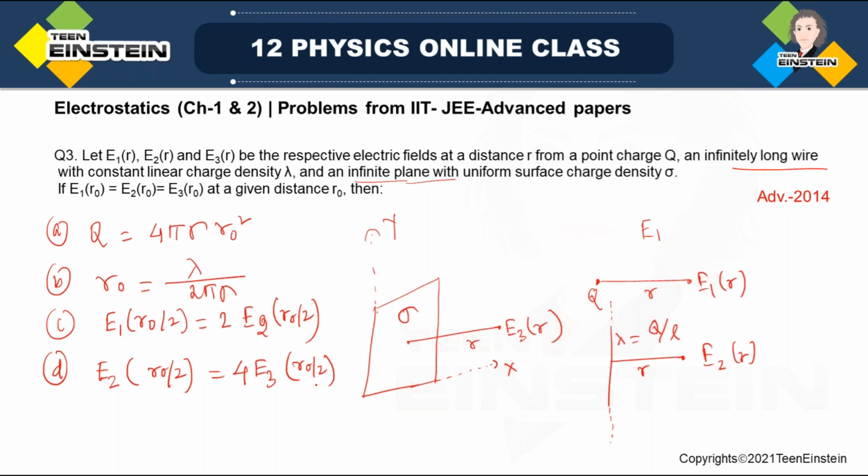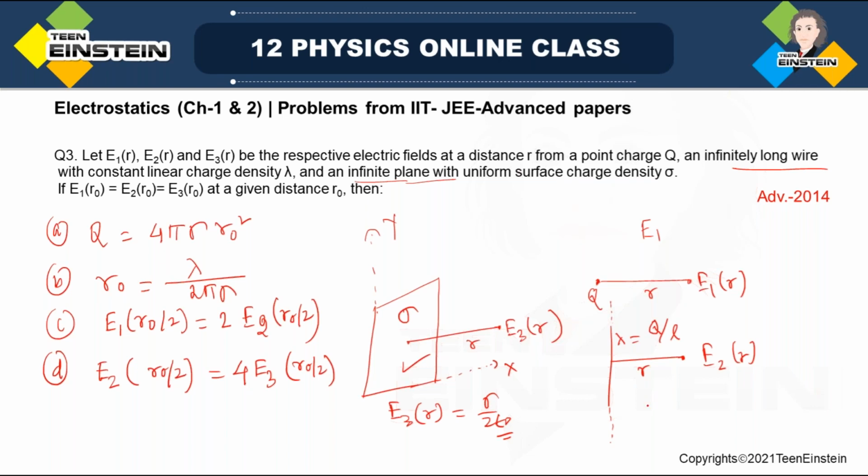Okay, so we can do one thing. We know the form of the electric field produced by a plane charge, E3(R) will be sigma by 2 epsilon 0 at any distance.